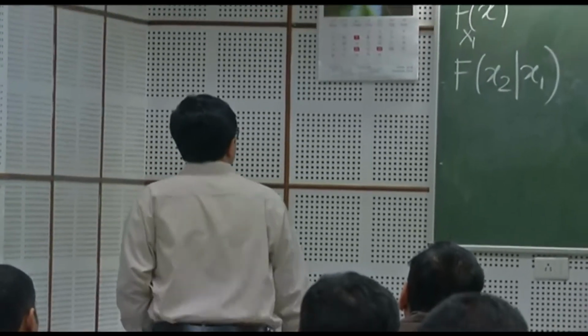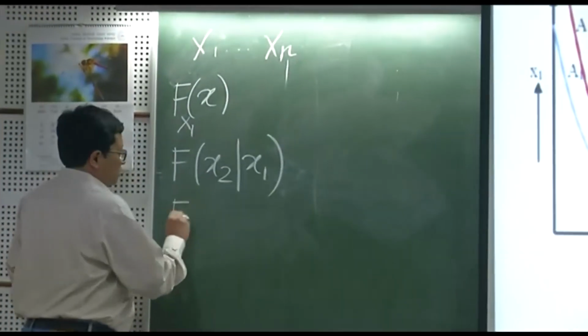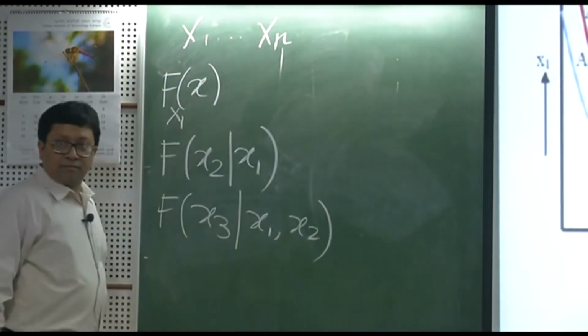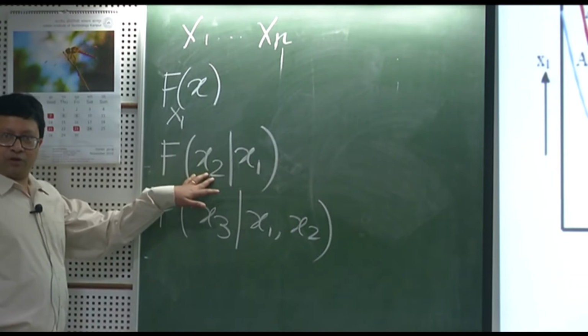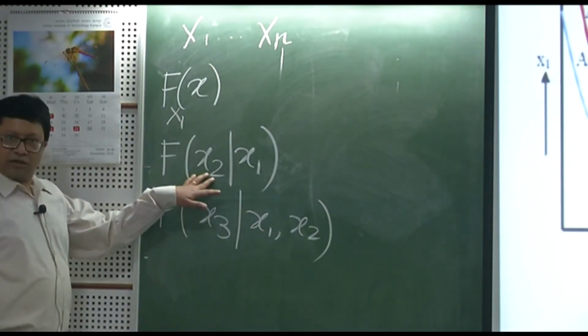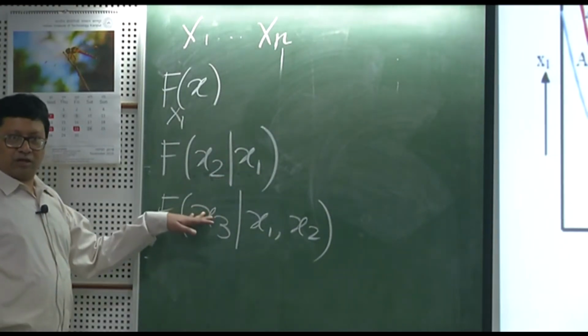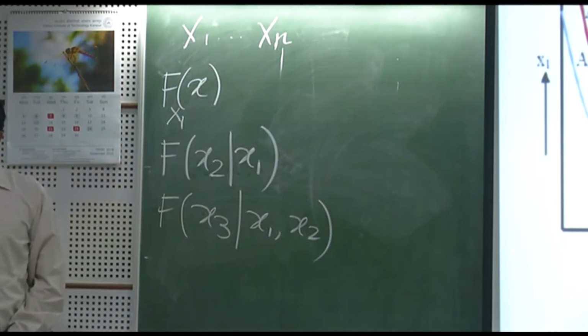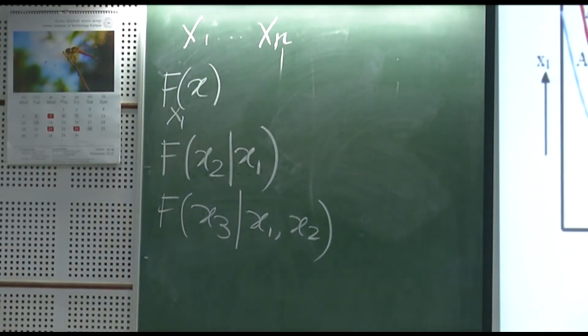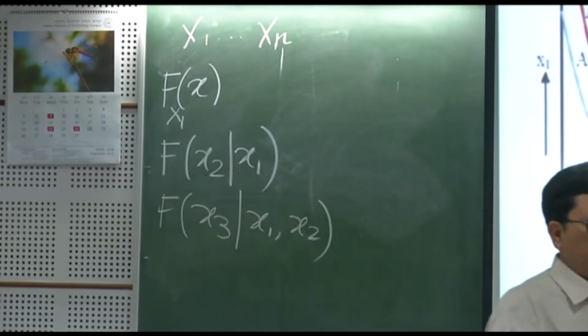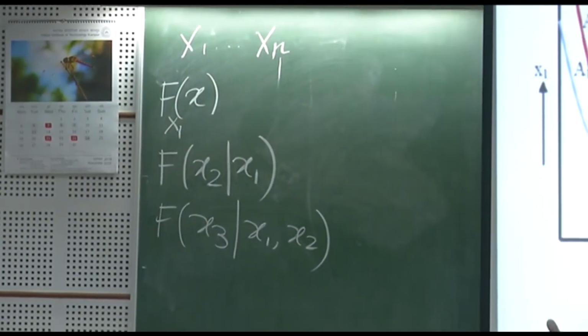Next step, we find out the distribution of x3 given x1 and x2. This is just simple Bayes theorem. This is the conditional distribution of x2 given x1. Then we find out the conditional distribution of x3 given x1 and x2, and we proceed one step at a time such that if x1 is fixed, x2 would be orthogonal to it. If x2 and x1 are fixed, x3 is orthogonal to both x1 and x2, and we continue doing this step by step. That's point one.